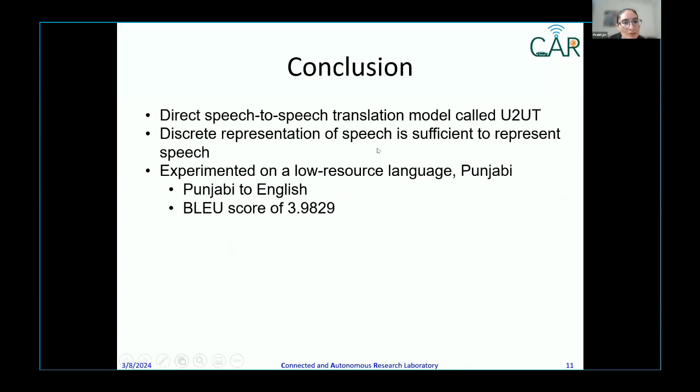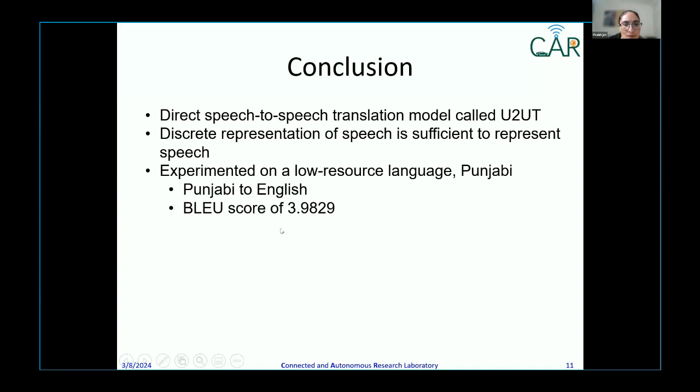In conclusion, through our paper, what we wanted to study was whether using a discrete representation of speech for the input language is sufficient to represent speech for translation tasks. For that, we built a model called the unit-to-unit translation model that is based on the transformer architecture. And we experimented on a language pair, Punjabi to English.